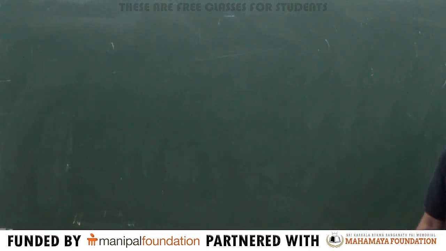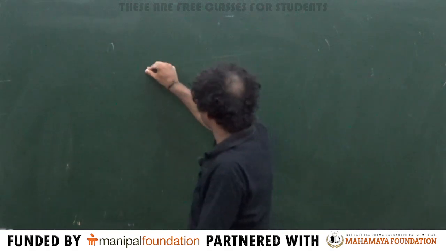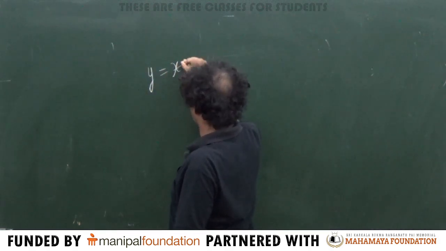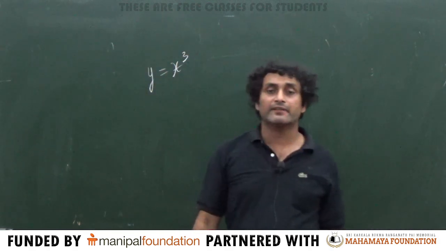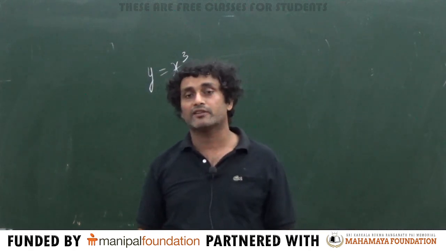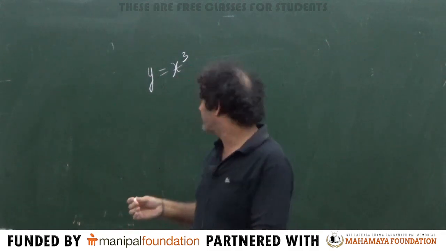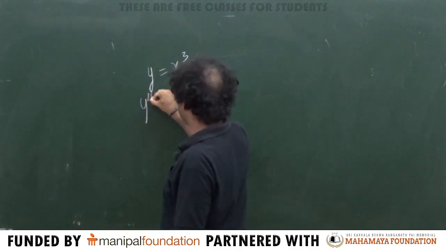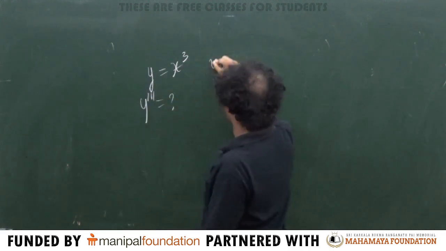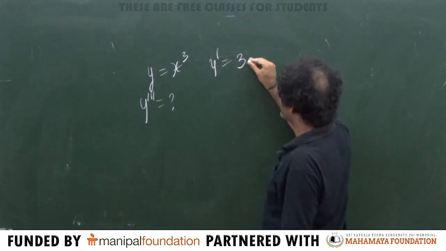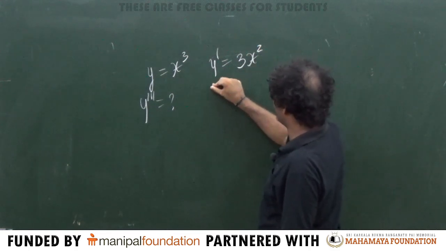So y equal to x cube. Differentiate thrice. You call it as successive differentiation. After one differentiation, again, we'll try thrice. So first time x cube becomes 3x square.